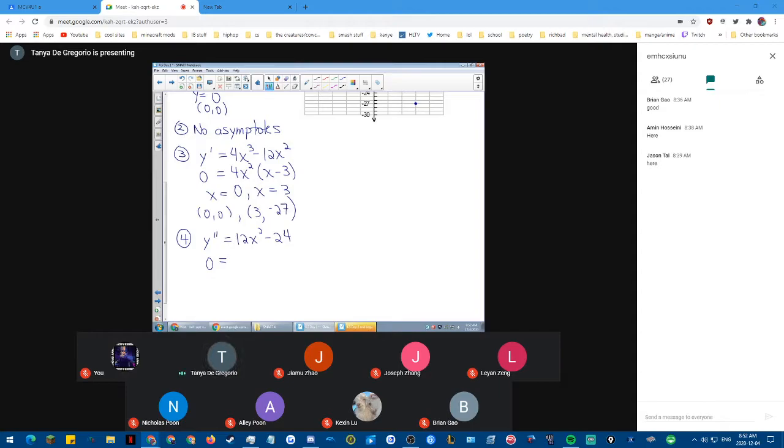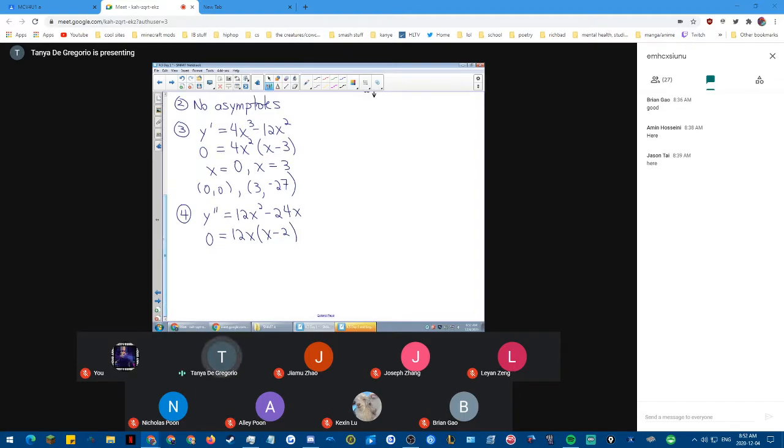Okay, so when we factor, what are we left with? Good. And so here I have x equals 0, x equals 2. These are my possible points of inflection, right?